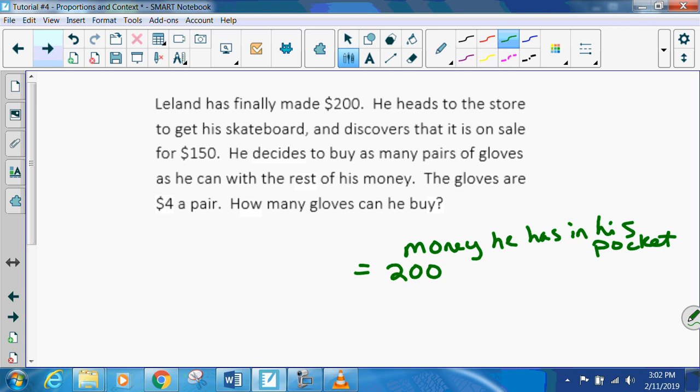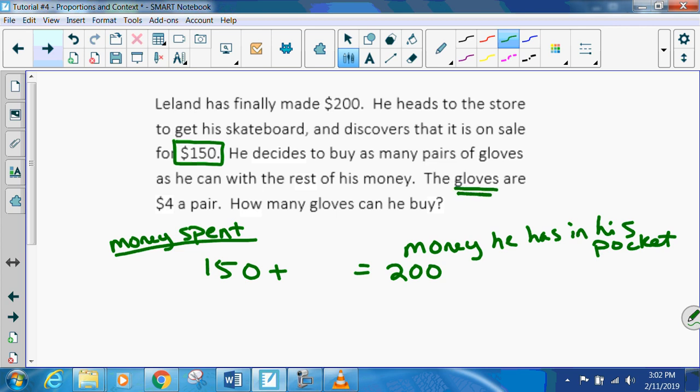And then on this side, the money spent. So we know for sure that he's going to spend 150 bucks on this skateboard, right? And because he has some extra money left over, he's going to buy as many gloves as he can. And the gloves are $4 a pair, and they're sold as a pair, obviously.